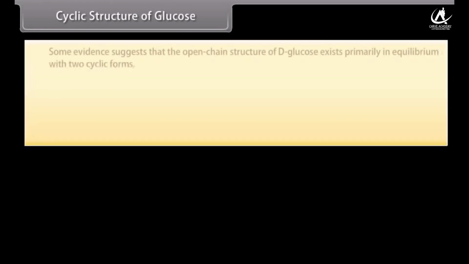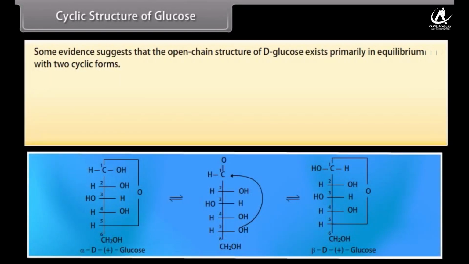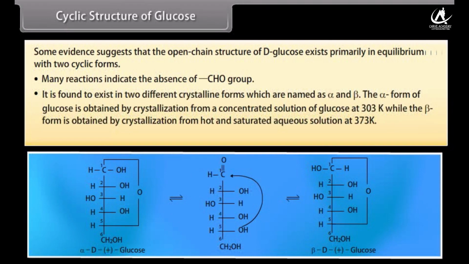Cyclic structure of glucose. Some evidence suggests that the open chain structure of D-glucose exists primarily in equilibrium with 2 cyclic forms. Many reactions indicate the absence of the CHO group. It is found to exist in 2 different crystalline forms, which are named alpha and beta.